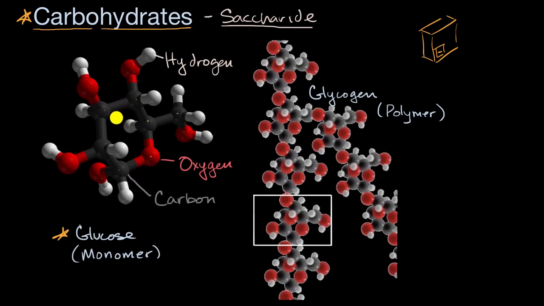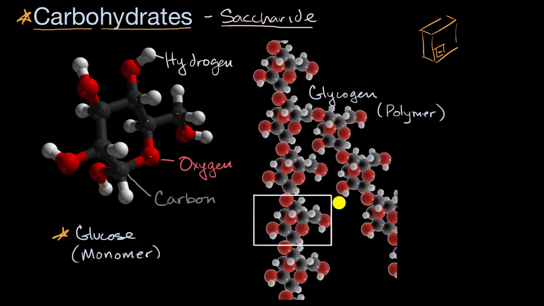Now, what's interesting about something like glucose is that glucose can be a standalone molecule, a very simple sugar in this case, or you can build up larger molecules with glucose as a building block. So for example, right over here, we have a part of a glycogen molecule. And as you can see, it's just a repeating sequence of glucose molecules.